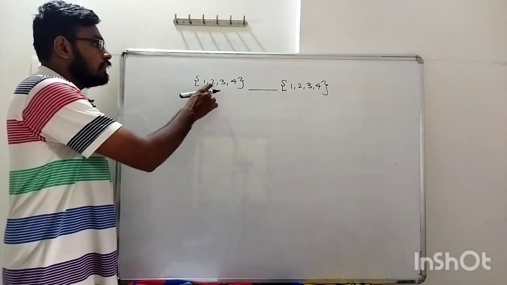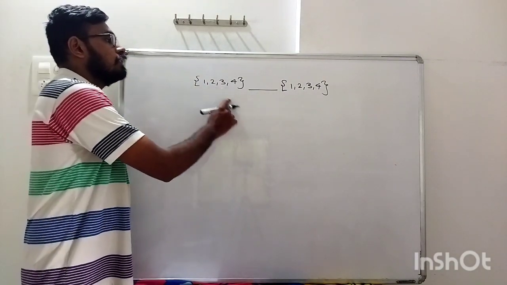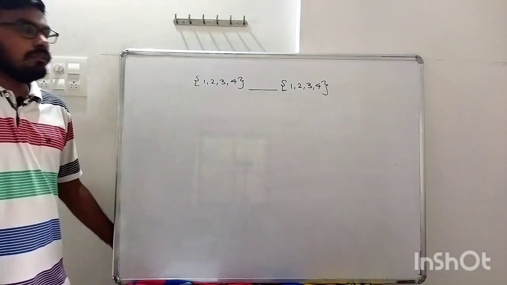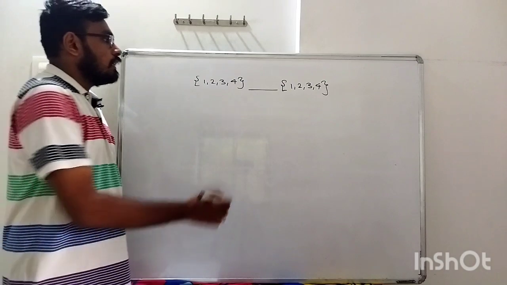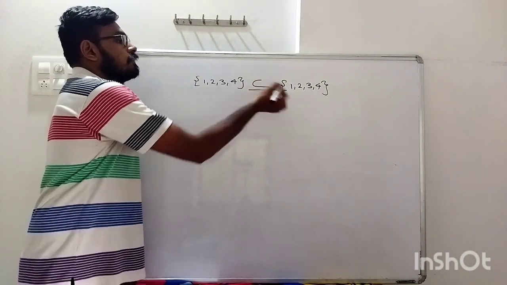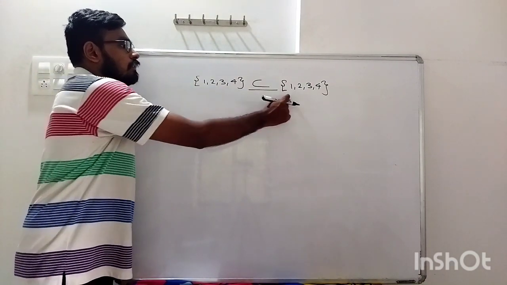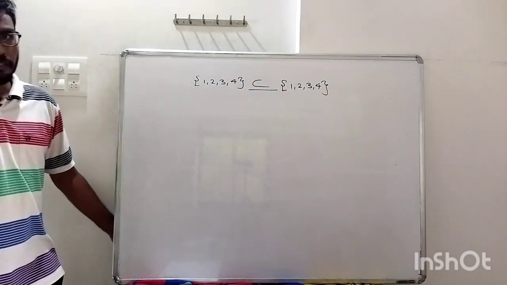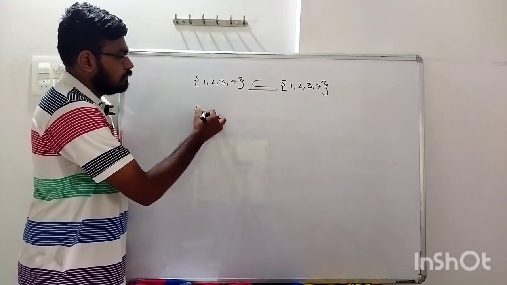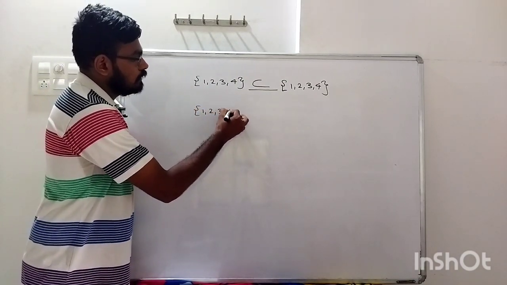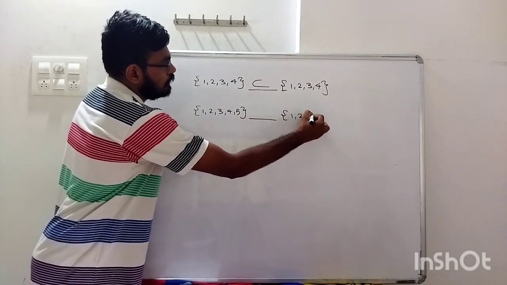Correct? 2 is there here, 2 is there here also, 3 is there here, 3 is there here also, and 4 is there here, 4 is there here also. So we can say this is a subset of this, because every element of this is an element of that. Correct? Last one, in this I'll do 1, 2, 3, 4, 5 and 1, 2, 3, 4.